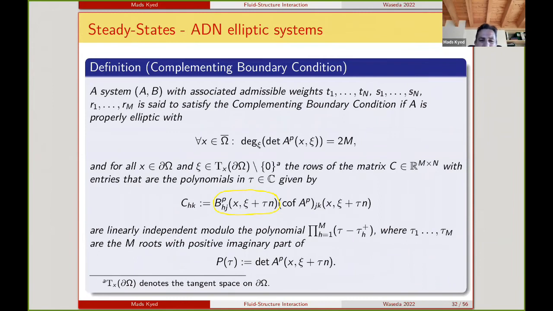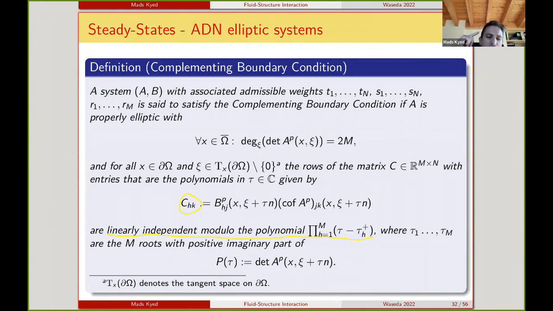Then we get a number of polynomials. We multiply these polynomials with the cofactor matrix of the principal symbol of A, also evaluated in psi plus tau n. Then we get polynomials that are denoted here by C. These polynomials have to be linearly independent modulo the polynomial that you see here in yellow.